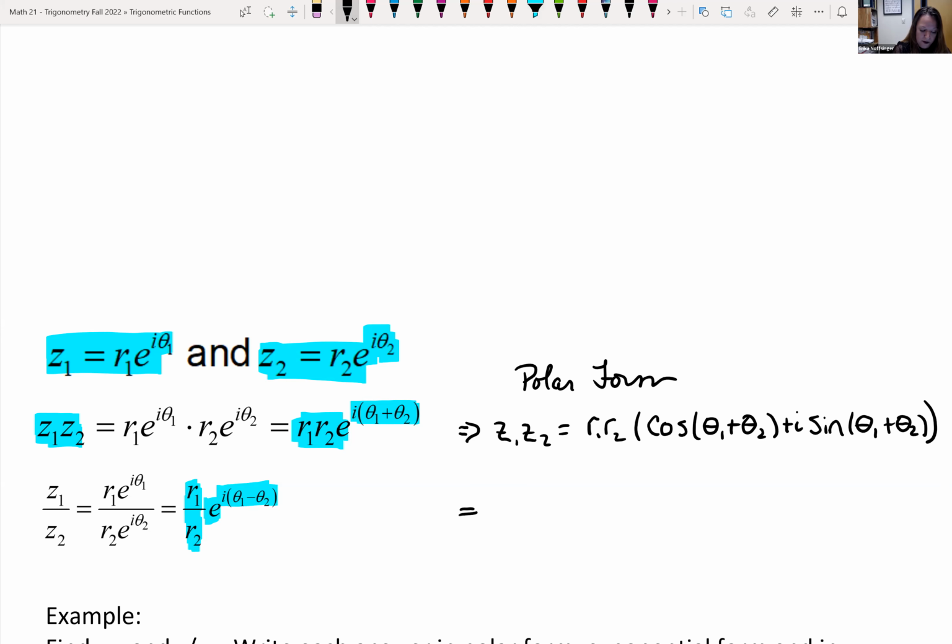In polar form, z sub 1 divided by z sub 2 is equal to r sub 1 divided by r sub 2 times cosine of the difference of our angles, theta sub 1 minus theta sub 2, plus i sine of theta sub 1 minus theta sub 2.